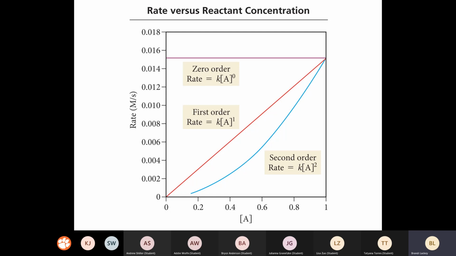As the concentration is going up, the rate is going up exponentially, so it's going to have that curve to it because the concentration is being squared. If you see a graph like this, know that 0 order is the line that's straight across, first order is going to be that straight slanted line, and second order will have an exponential curve to it.